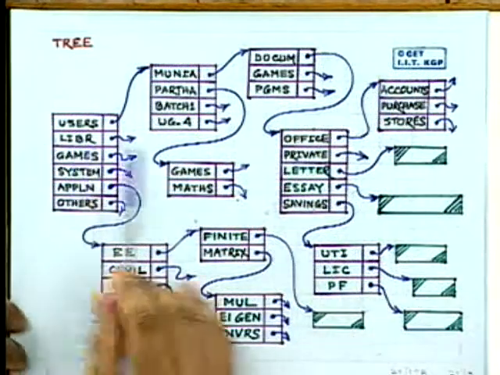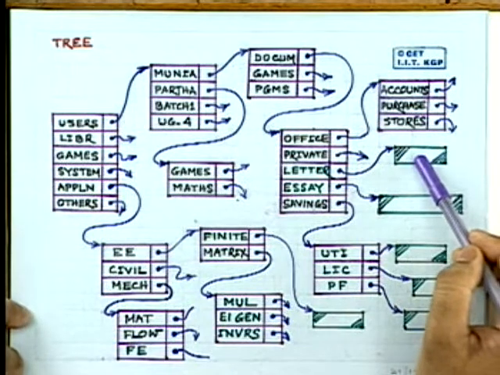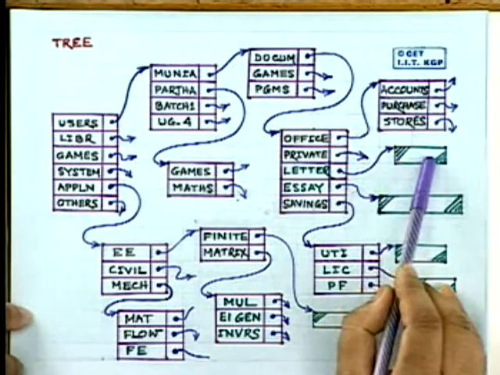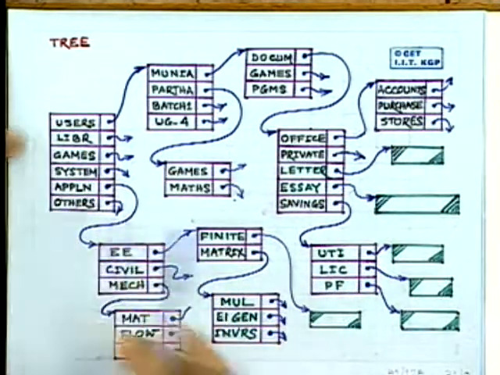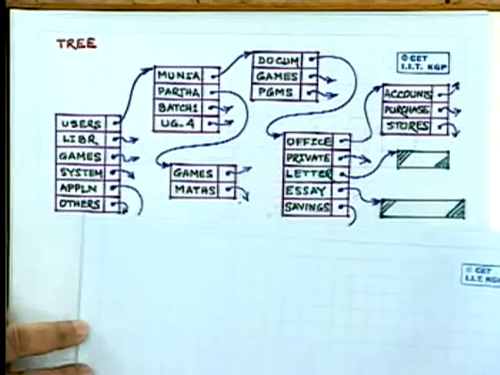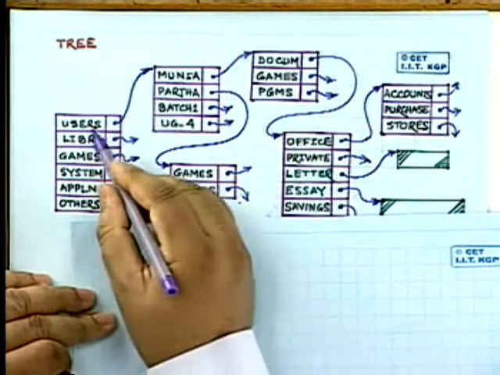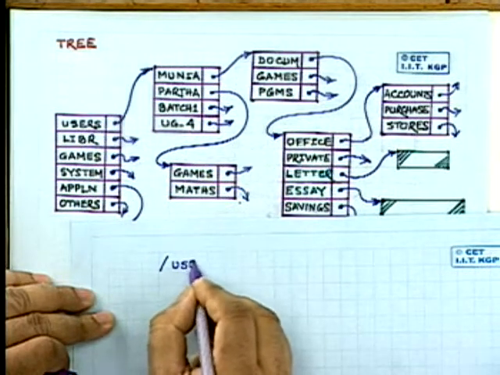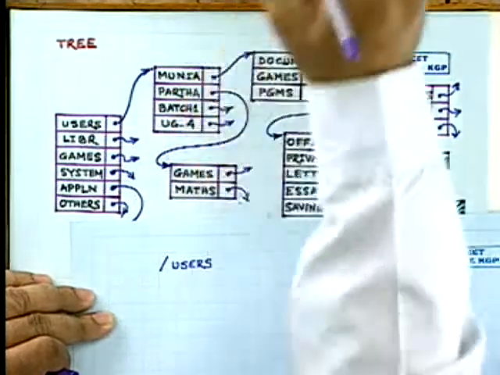Now, for example, if you want to name or approach this file, later, starting from the root, it has a unique path name, and you can see we can write it this way. So, for example, say this is the root, then we go to, say, users. This is the users directory.